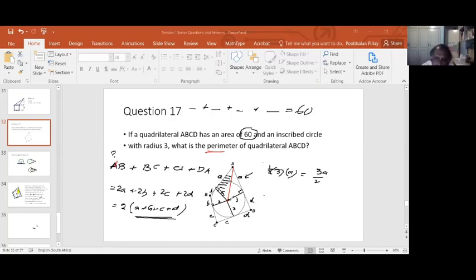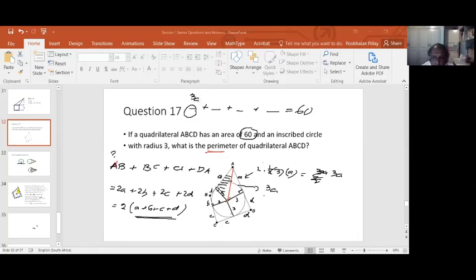But this piece here, the area of this is also half of 3a. It's exactly the same triangle. So you've got another half of 3a. So the area of this quadrilateral is twice this, 3a. So one of those is 3a. See, that's the one here.